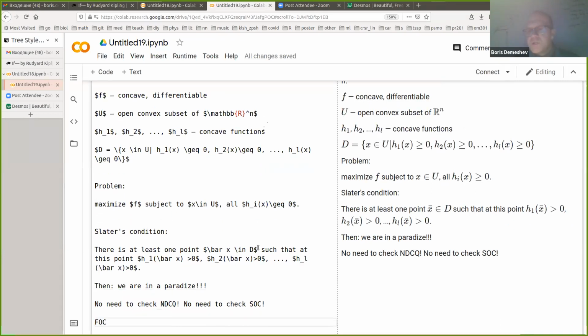First order conditions, so we have stated them. There is a big long list of first order conditions, with non-negative constraint on lambdas and so on.